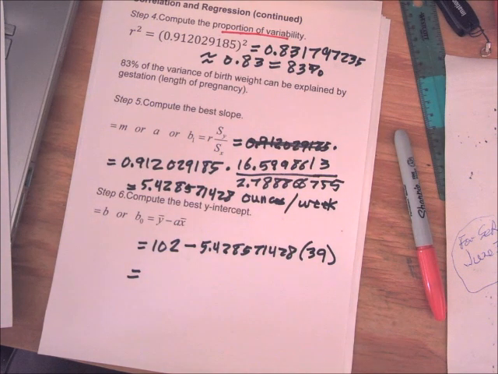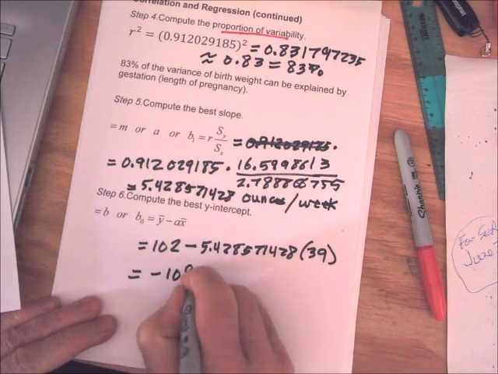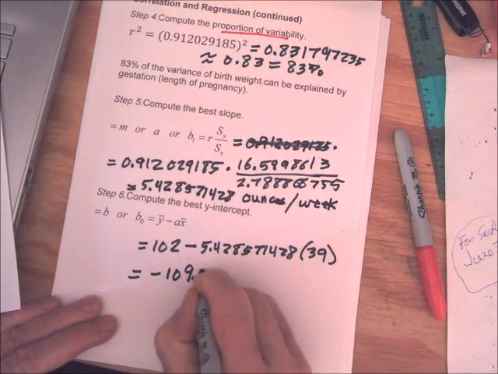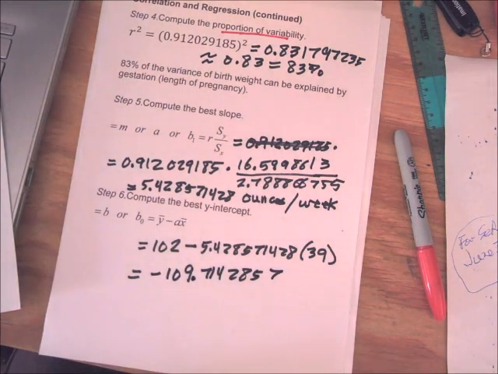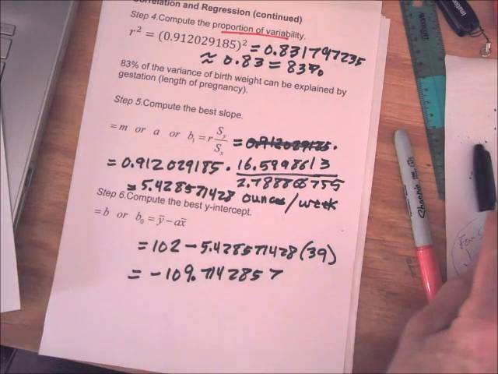So it's 102 minus that times 39. We get negative 109.7. Okay, so that's the best y-intercept for this data set.